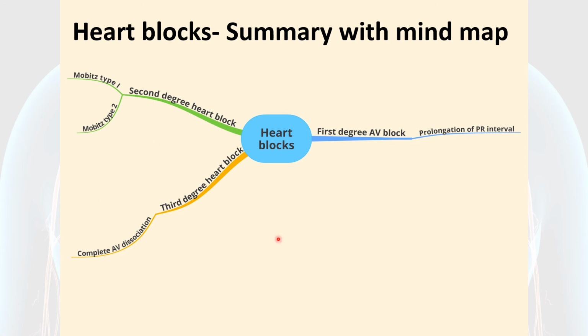Third degree heart block is characterized by complete AV dissociation with no relationship between P waves and QRS complexes. Indications for pacemaker insertion are Mobitz type 2 and complete heart blocks, as well as patients with life-threatening features or risk of asystole.